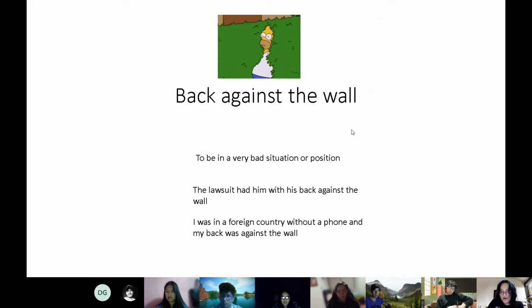Okay, because of the time, I'm going to read this one and then we are going to move on to the next and the final idiom, okay? My girlfriend told me not to play Roblox or we'll break up. My back is against the wall. Okay, very good. Let's move on to the next and the final idiom.